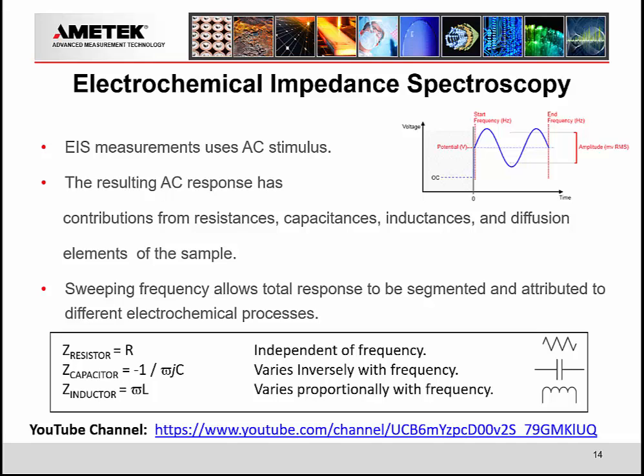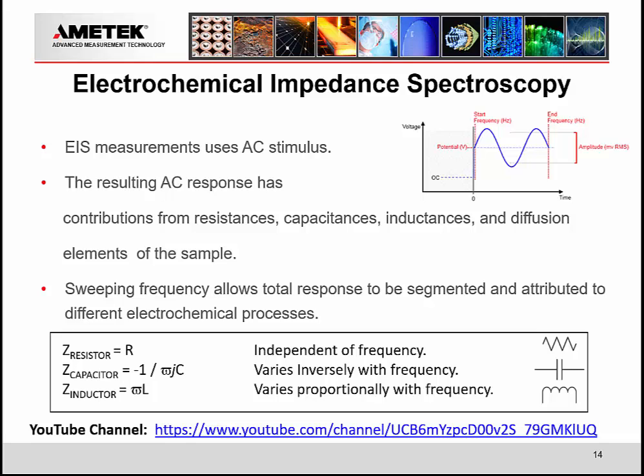Okay, so if I take an EIS measurement, it's going to use an AC signal. The resulting AC response has total contributions from different components, the resistive, capacitive, inductive, or diffusion elements of the sample. And what's very interesting, EIS is a high value content technique, and the reason for that is I can sweep the frequency.